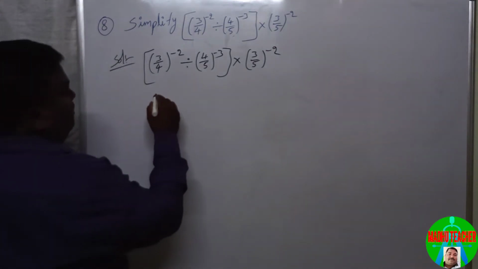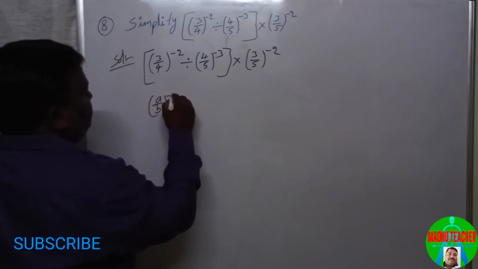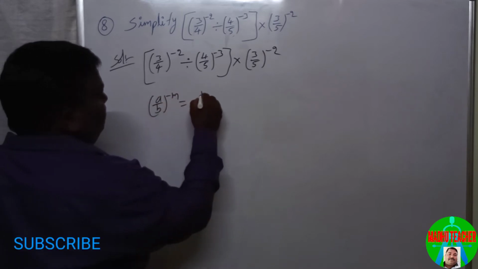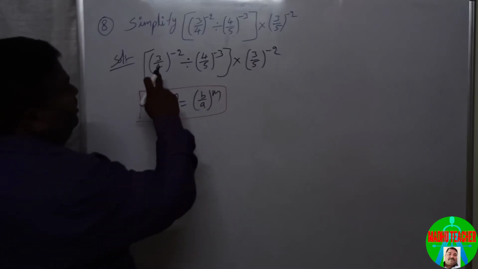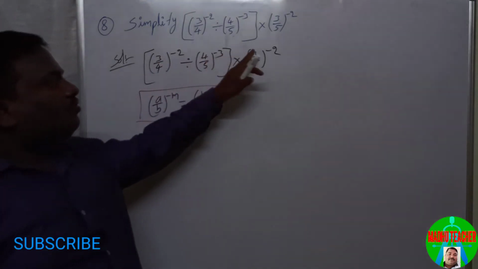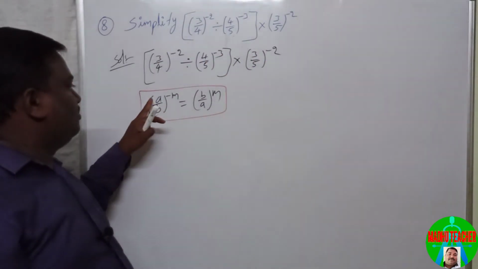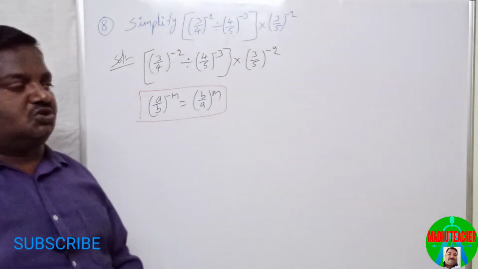So here, a by b whole to the power of minus m, you can write as b by a whole to the power of m. In this, all the fractions have negative exponents. That's why we are using this formula to make them positive.